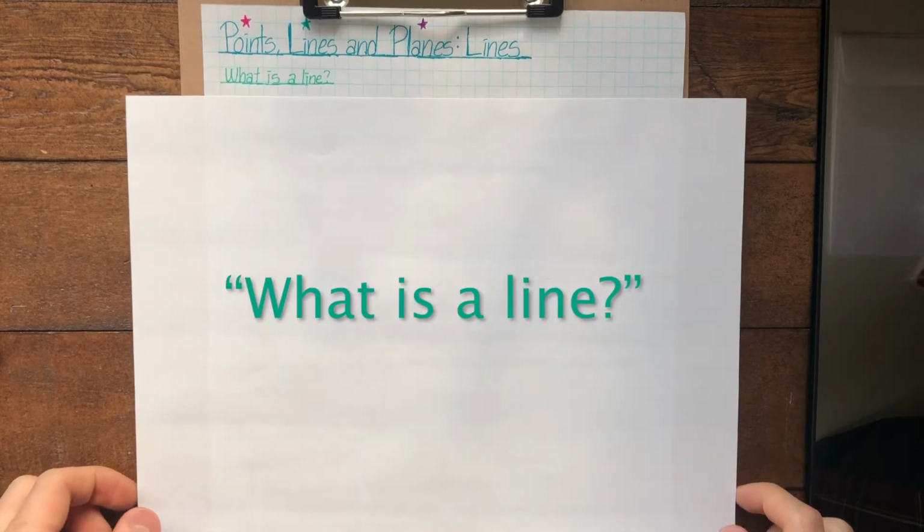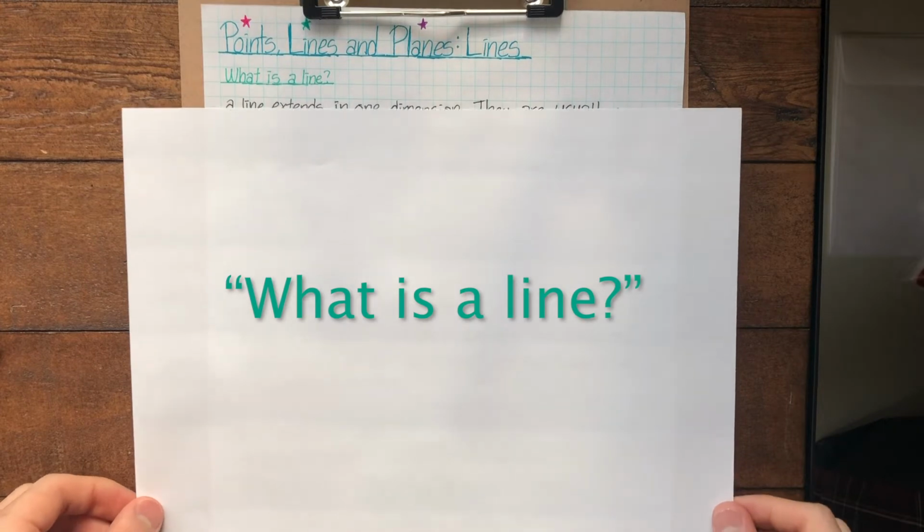Okay, so as I mentioned before, today's lesson is going to be about lines. So you guys are probably asking, well, if you're watching this lesson, I would hope you'd be asking, what is a line? A line is another undefined term.